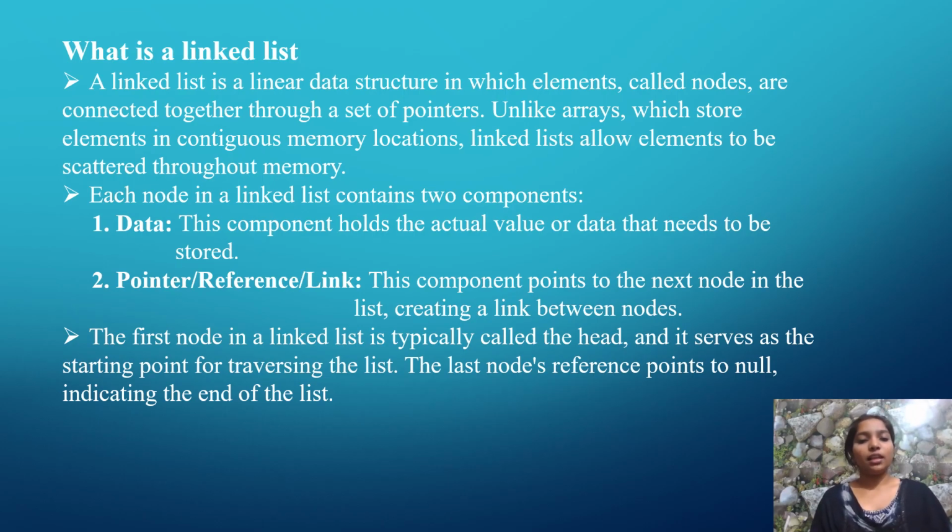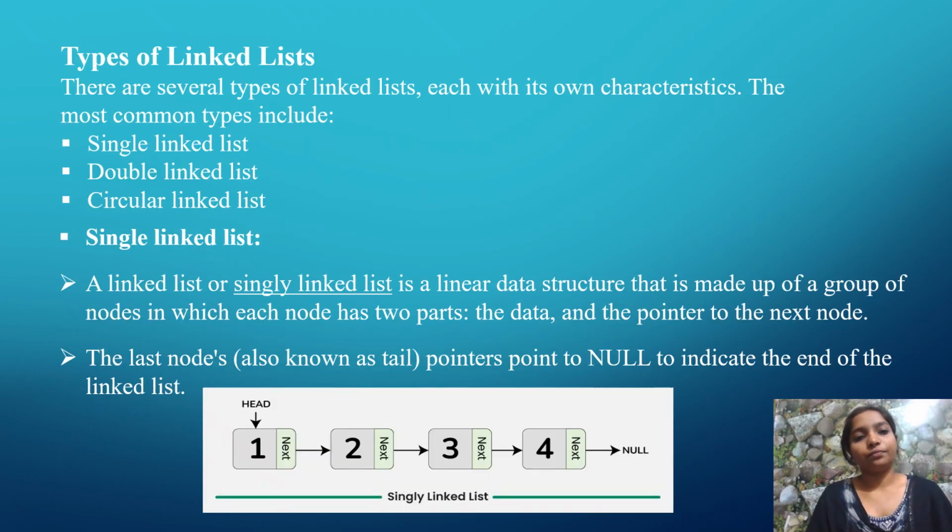The first node in the linked list is called head. It is used when performing traversing. Traversing means displaying the elements and visiting the nodes in the linked list. And the last node refers to null, which indicates that the list has ended.